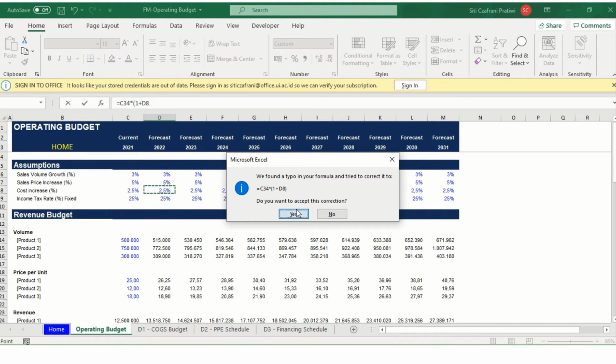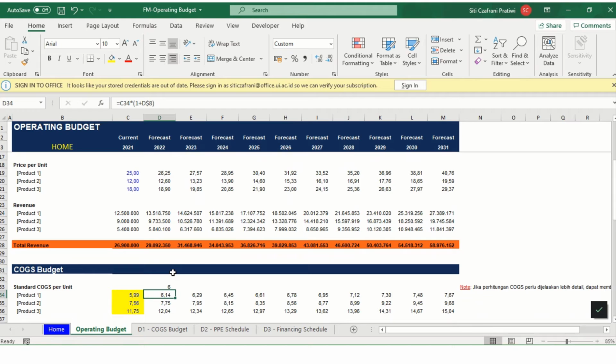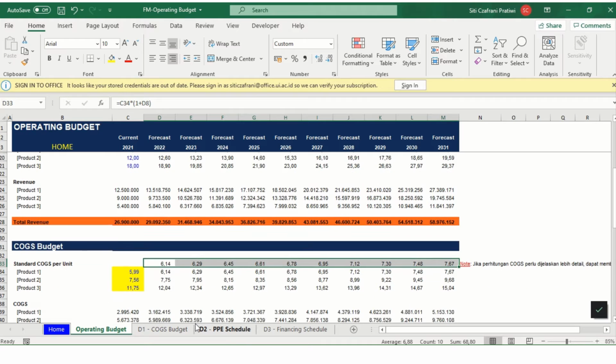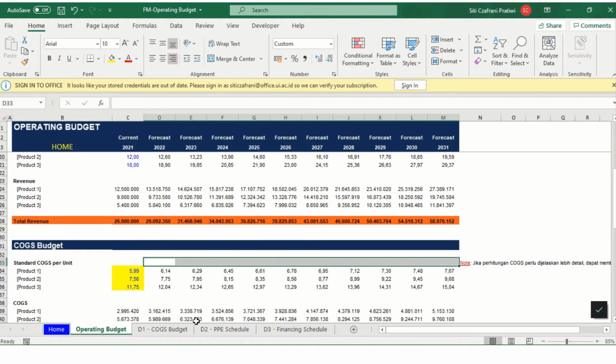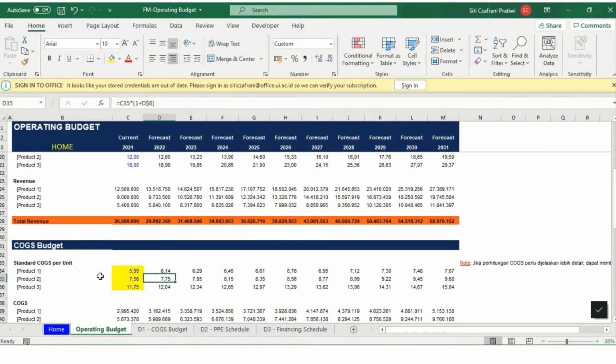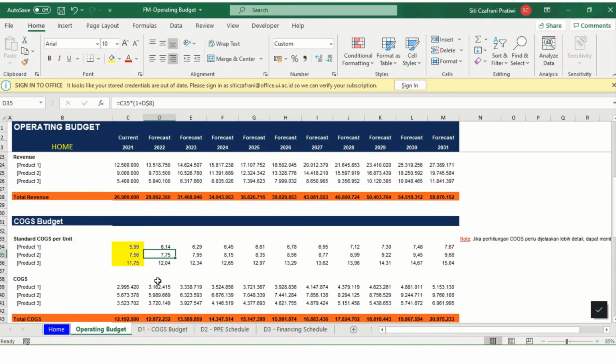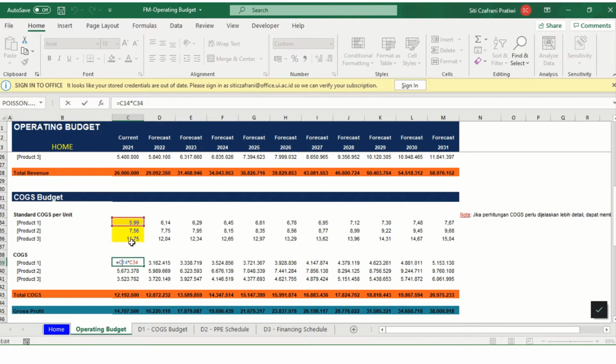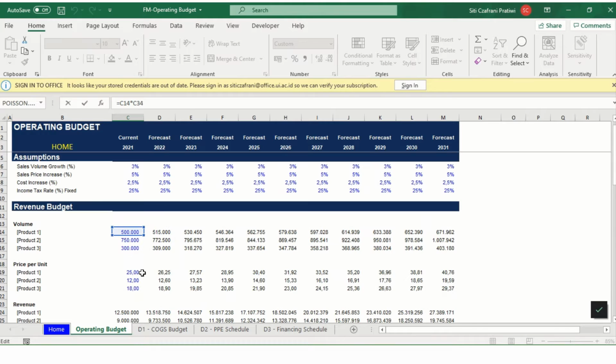As long as you have a strong justification, you are more than welcome to do so. So let's make it two numbers after the comma, and you will get your cost of goods sold per unit here. And repeat the similar steps for your next products or services. To compute the total cost of goods sold, you simply multiply the cost of goods sold per unit with the units sold here.